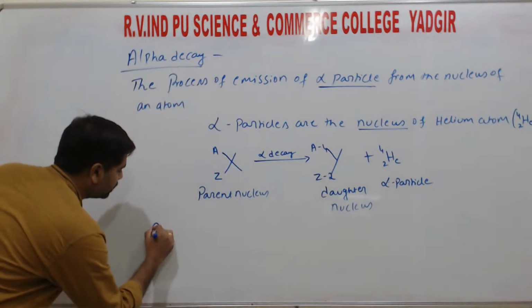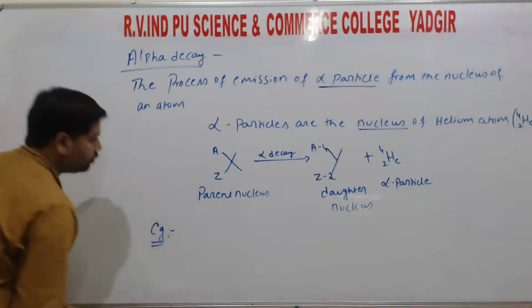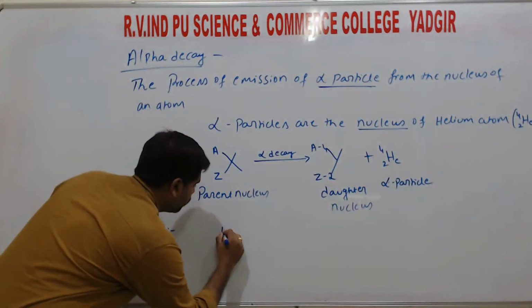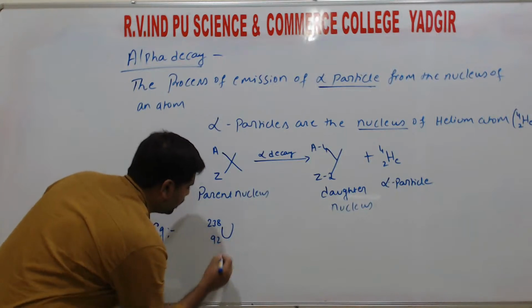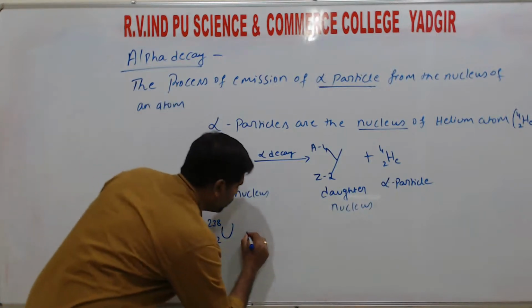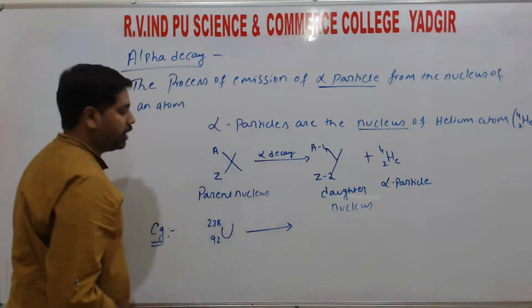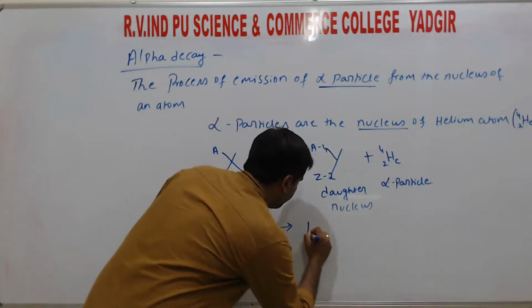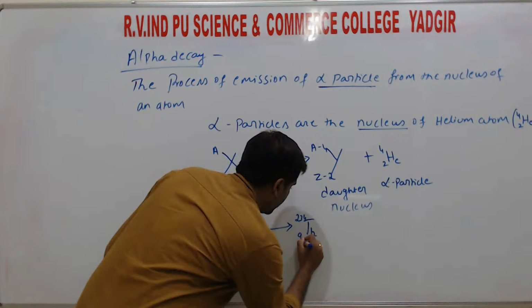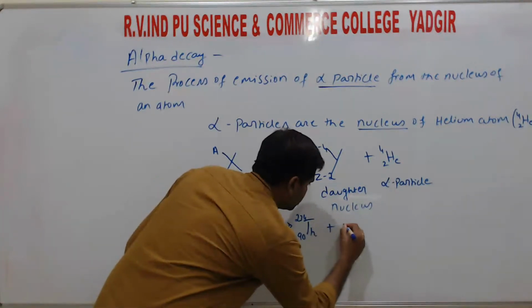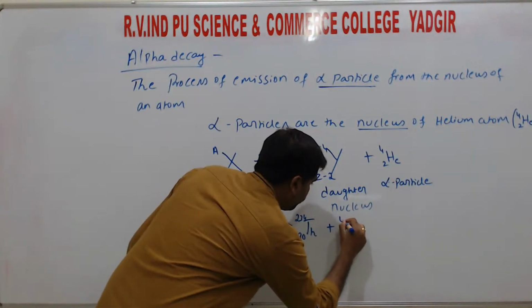If we take one example, uranium 238, whose atomic number is 92, undergoes alpha decay, we get thorium 234 with atomic number 90, plus He4.